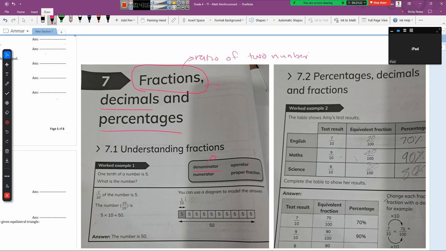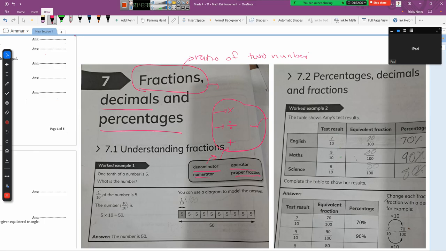Operators are the symbols for mathematical operations like division and multiplication. Now this is an operator, this is an operator, this is an operator, and this is the operator. We have mainly four operators: multiplication, division, addition, and subtraction. Then numerator, proper fraction, improper fraction. These are the keywords that you should know.